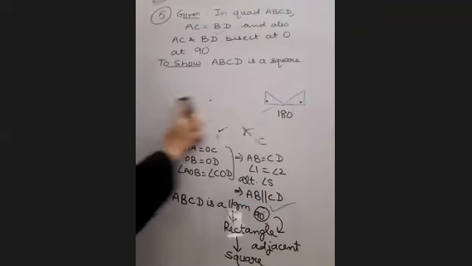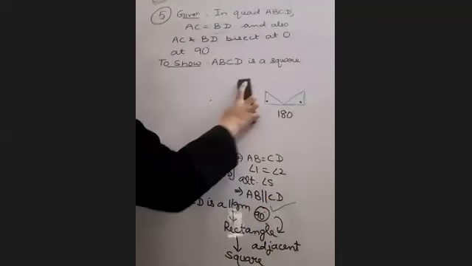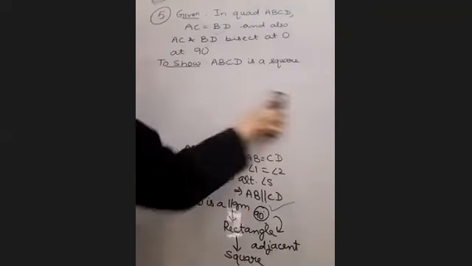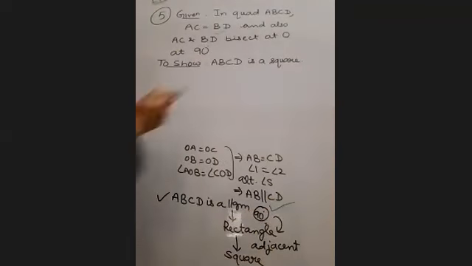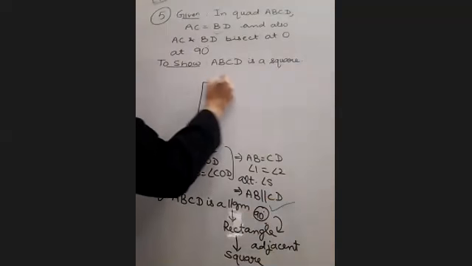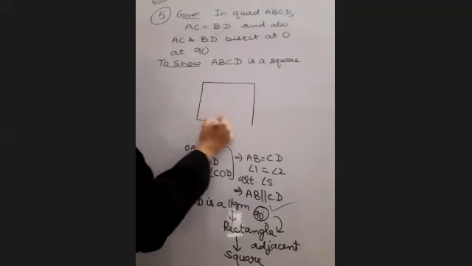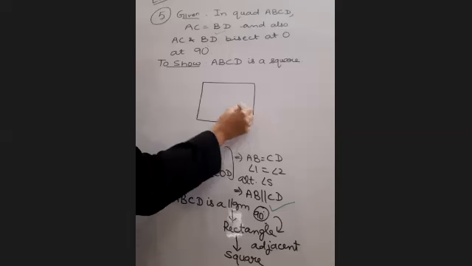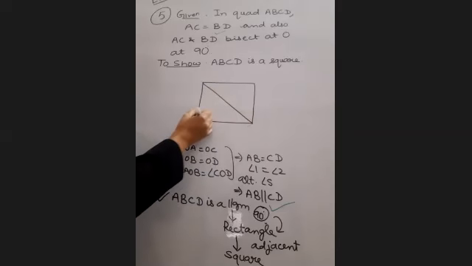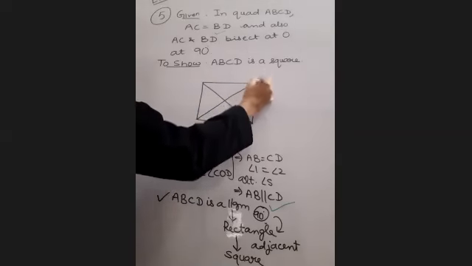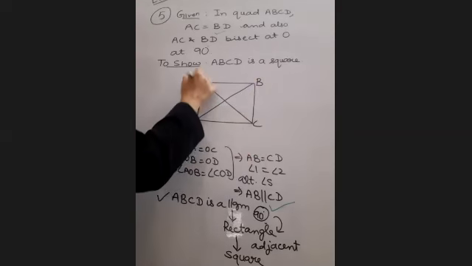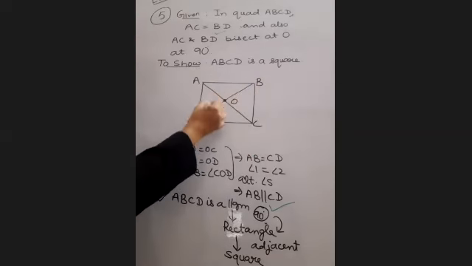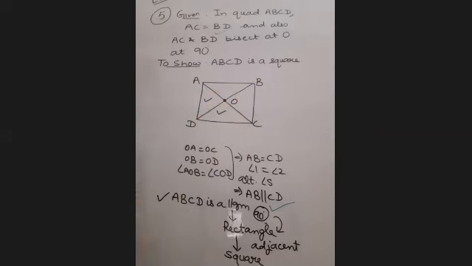Now rectangle को square बनाने के लिए हमें क्या करना है? We need to show that adjacent sides are equal, right? Now for adjacent sides equal, what I am going to do is, I will consider these two adjacent triangles and prove them to be congruent.